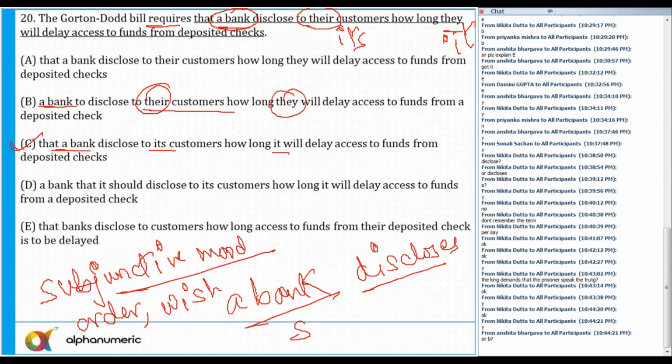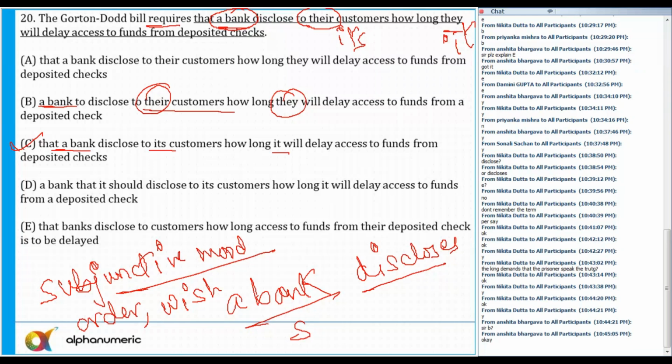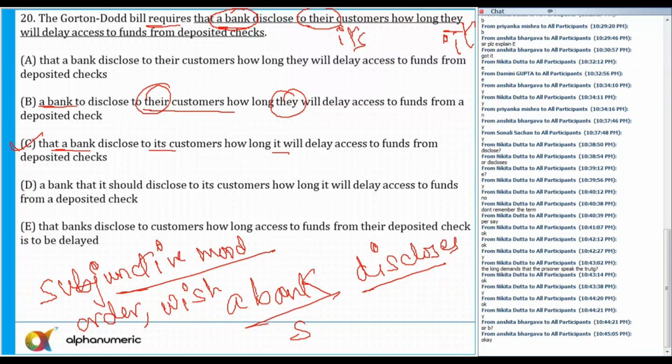Their customers cannot be right. It is the requirement of a bank: every bank has to tell its customers. Its customers, right? Because a bank is singular, we cannot have their customers and how long they will delay. That is going to be wrong.